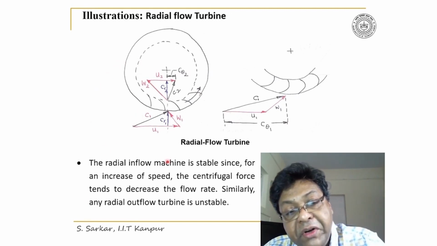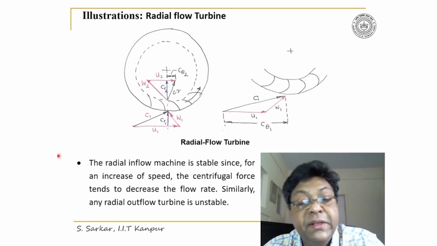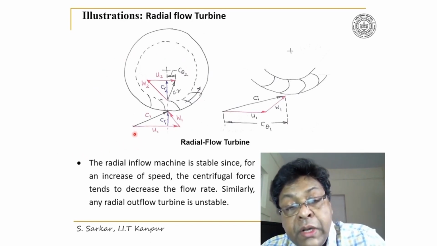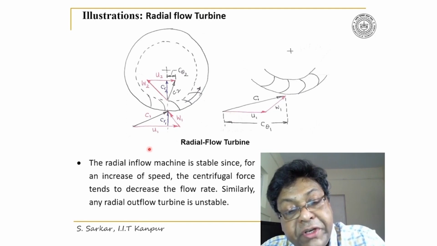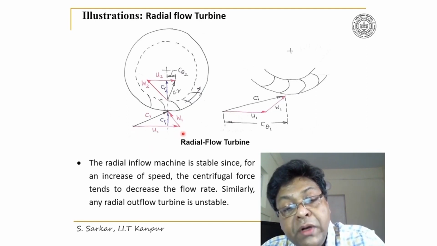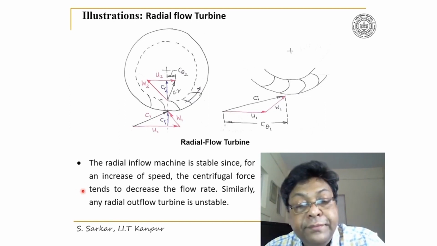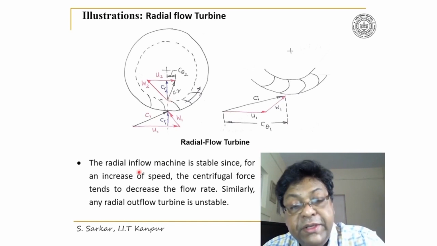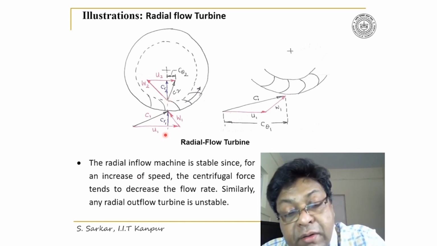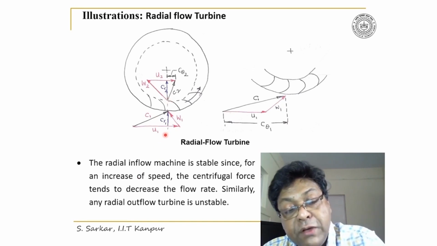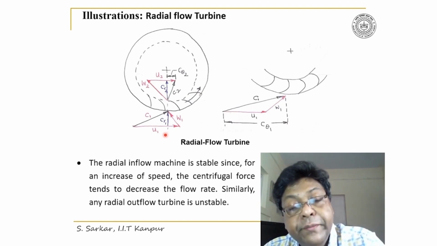I have sketched here the velocity triangles. This is the inlet velocity triangle. So U1 plus W1 is equal to C1. And radial component is denoted by CR1, which will be related to mass flow rate of the machines.